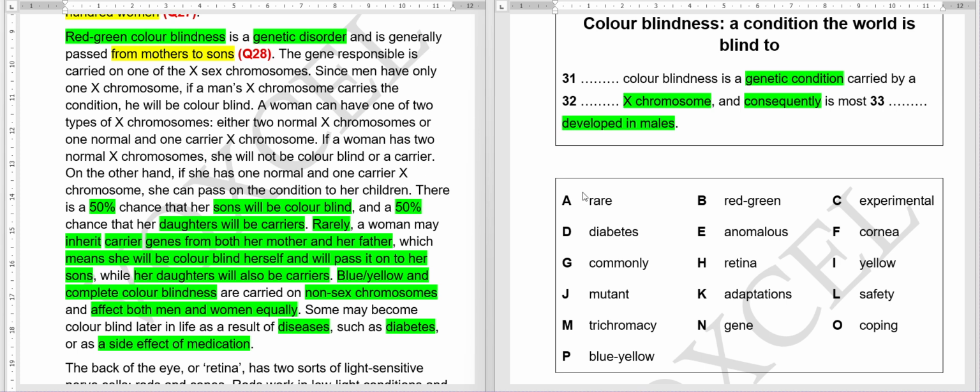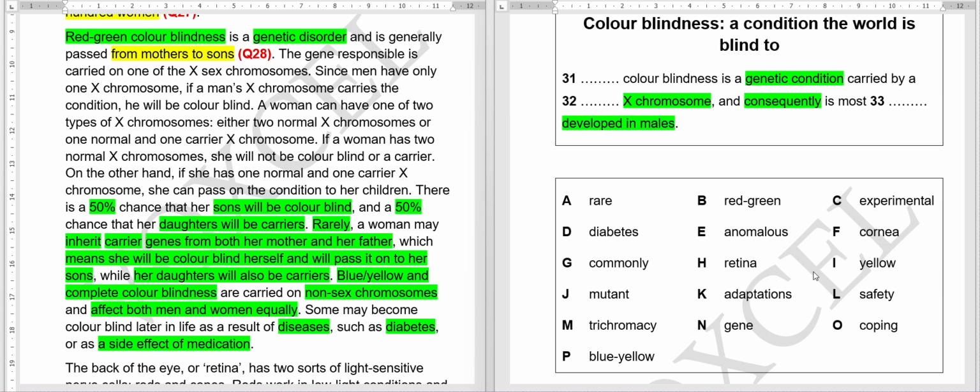Okay, rare, that is, not occurring normally. Red green, so this is the name of the color. Experimental, it's quite easy. Diabetes, it cannot be paraphrased as such. Anomalous, that is deviating from the normal, like something different. Cornea, so it's part of the eye, I believe.